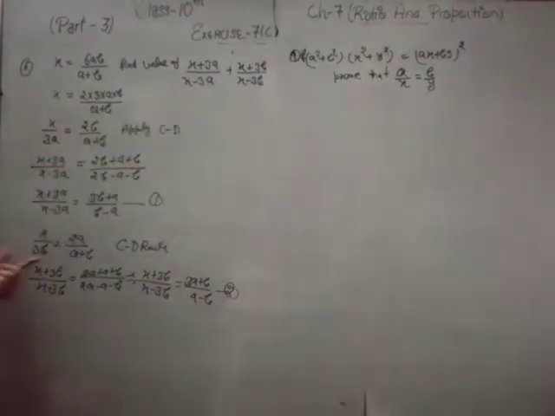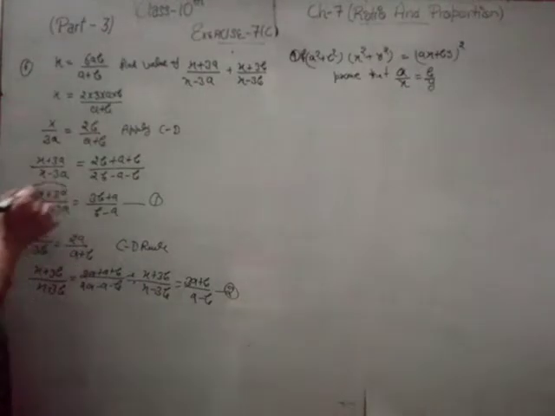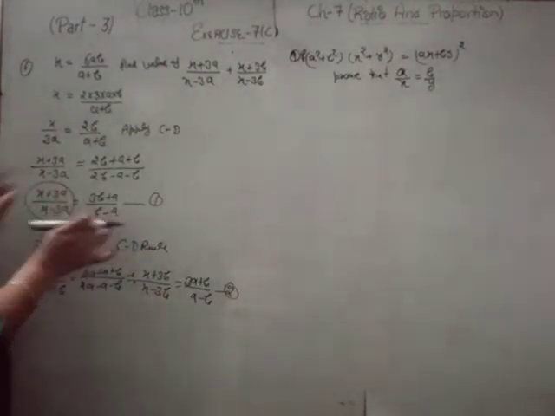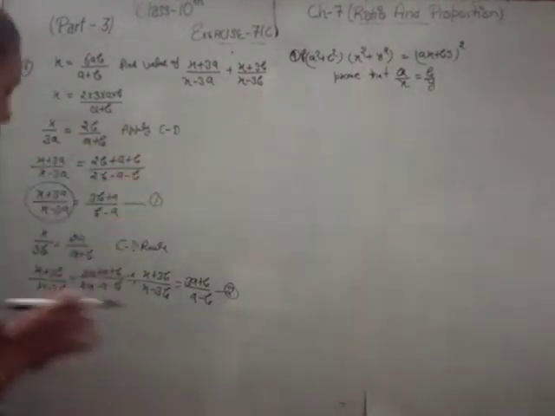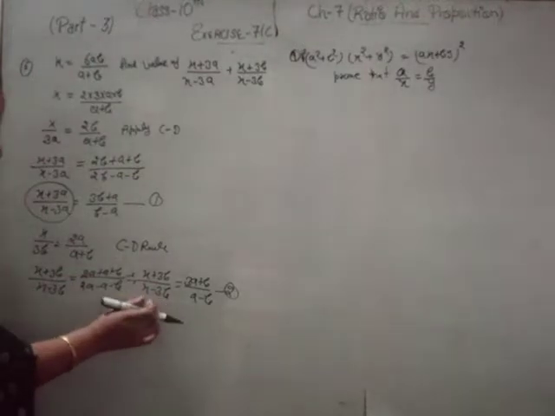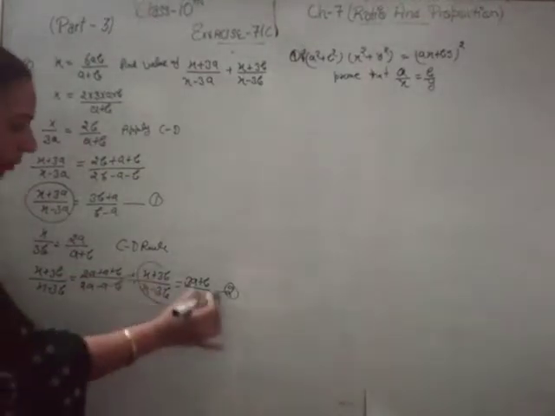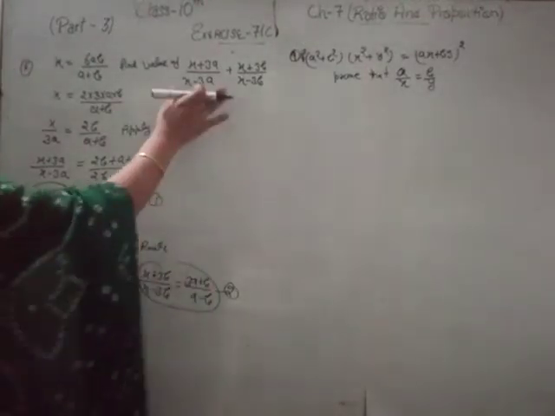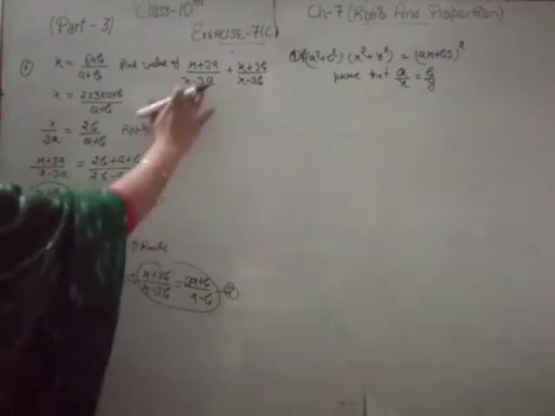Student, (x plus 3a)/(x minus 3a), value of this equal to first part, and (x plus 3b)/(x minus 3b), value of this equal to this, then we put value of this and this.